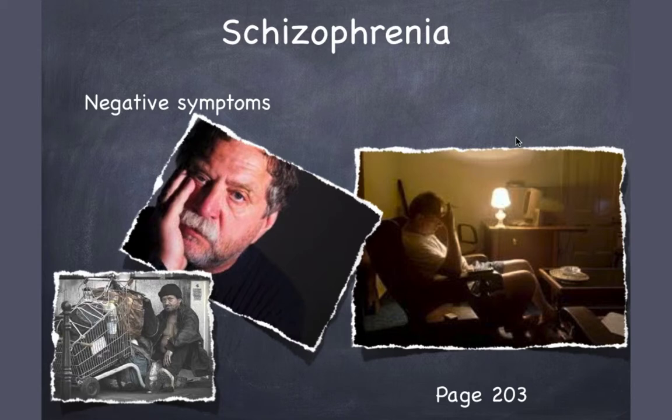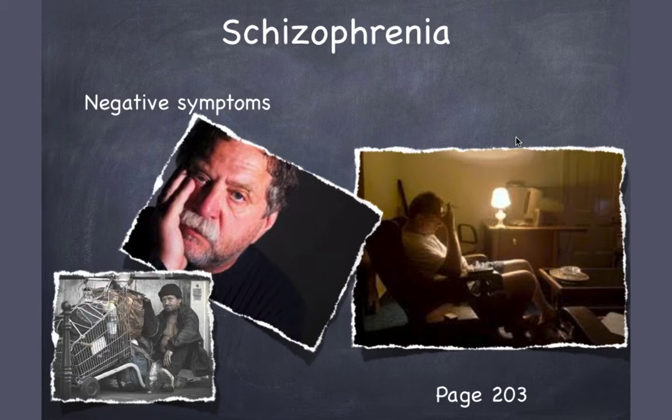Social withdrawal, apathy, lack of goal-directed behavior, very limited speech, slow movements, poor hygiene, poor problem solving, and a distorted sense of time. Now, you might have chatted with people who might show these sort of symptoms, and you might not say, well, that person has schizophrenia, but the positive and negative symptoms tend to coexist.